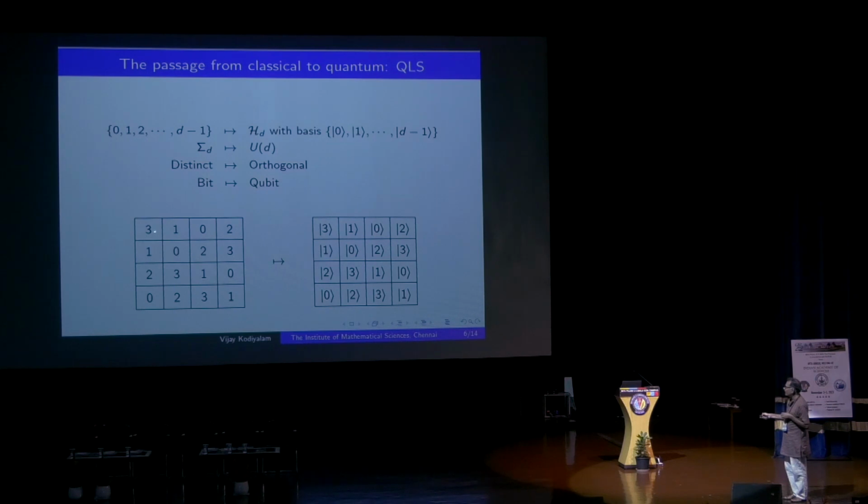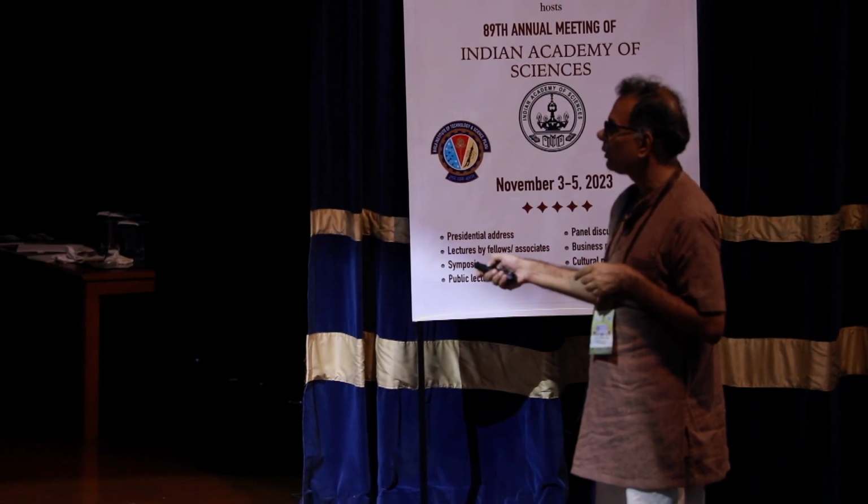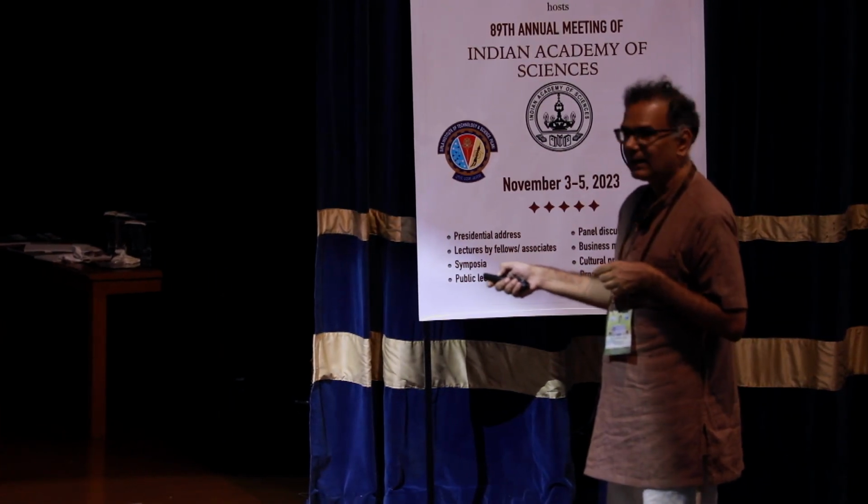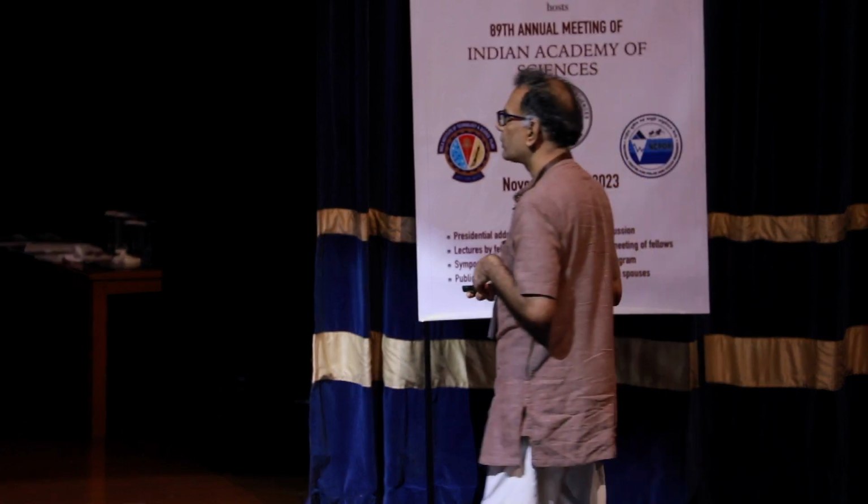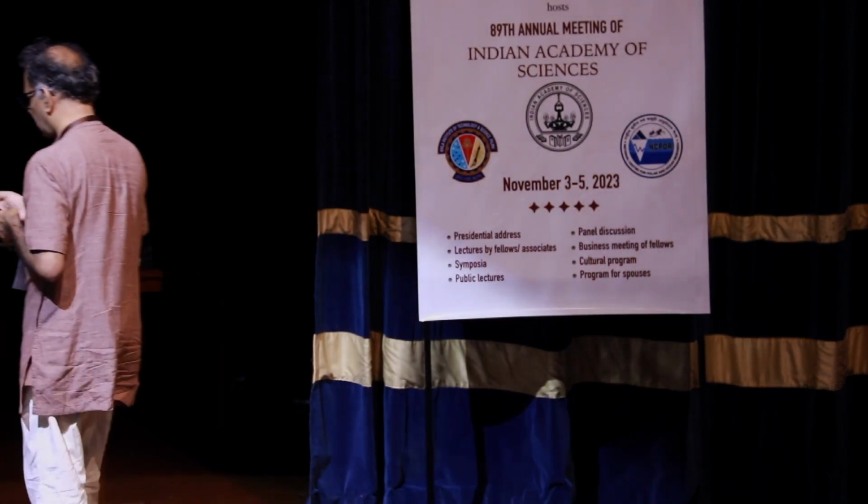So there's a very easy way of constructing from a classical Latin square a quantum Latin square by just taking, for 3 you take the third basis element, for 1 you take the first basis element, and this will give you a quantum Latin square. But there are many more quantum Latin squares than this construction can supply. Not all quantum Latin squares are classical, right? So there are many more such objects.